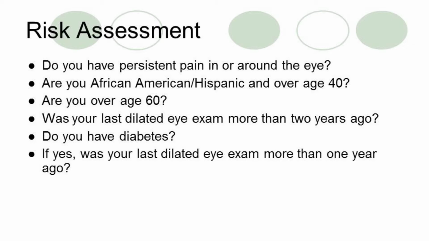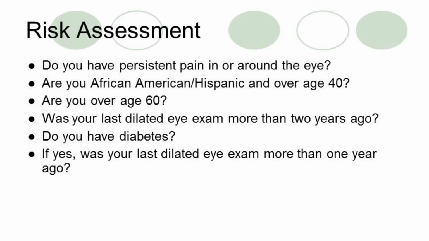Sometimes patients might complain that they have pain in their eye, but it's intermittent, like they only have the pain when they're reading. Sometimes the pain might be related to sinus infection. So it's really important that we understand what type of pain they're having, when it started, etc.